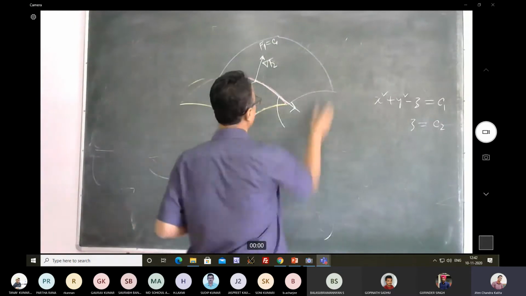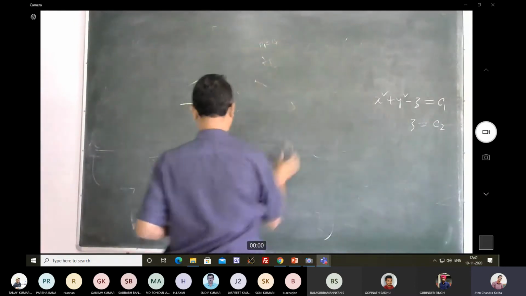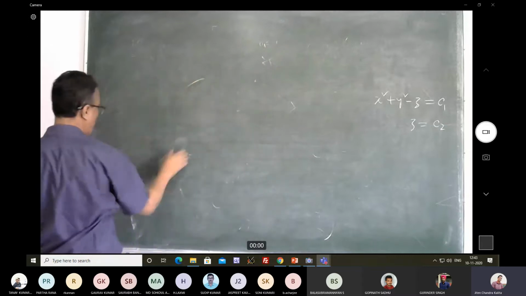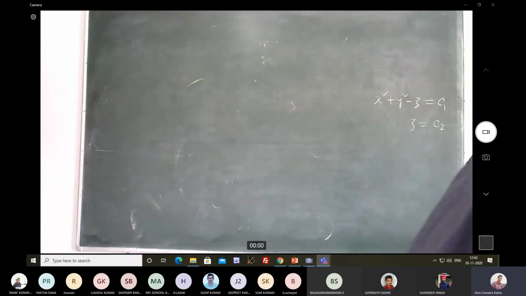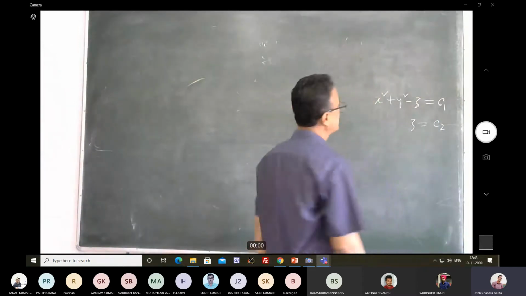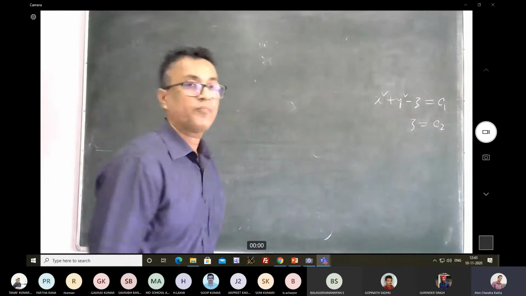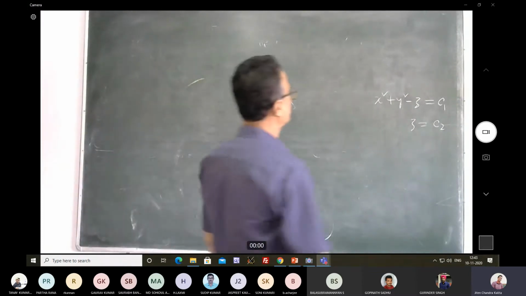Okay, so now in Simon's book, they have taken the same problem. This is about finding a tangent to the curve of intersection of these two surfaces. So how are we going to do that?